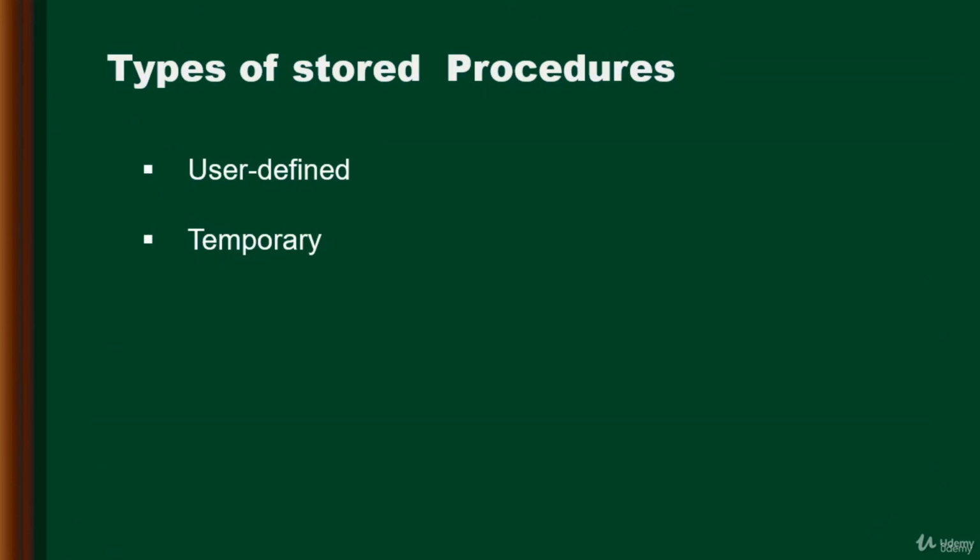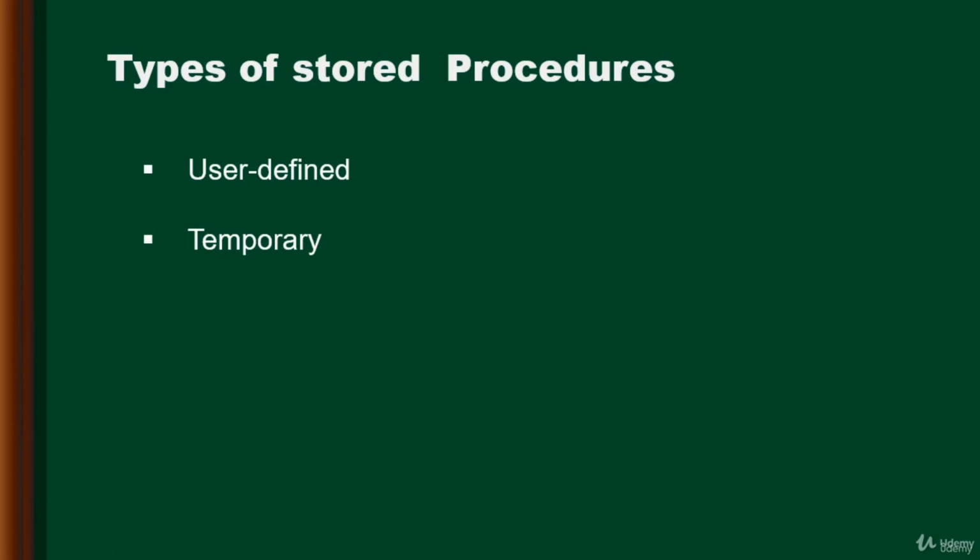They are visible only to the current user connection, and they are deleted when the connection is closed. With a global temporary procedure, you have two number signs (##) as the first two characters of their names. They are visible to any user after they are created, and they are deleted at the end of the session using the stored procedure.